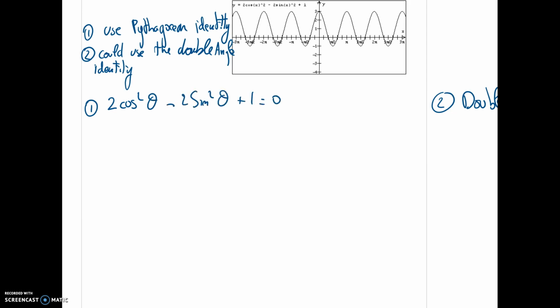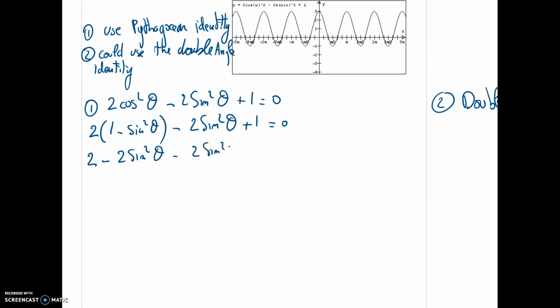Well, cos square theta is equal to 1 minus sine square of the angle, minus 2 sine square theta plus 1 equals 0. Now you are going to distribute: 2 minus 2 sine square of the angle minus 2 sine square of the angle plus 1 equals 0.